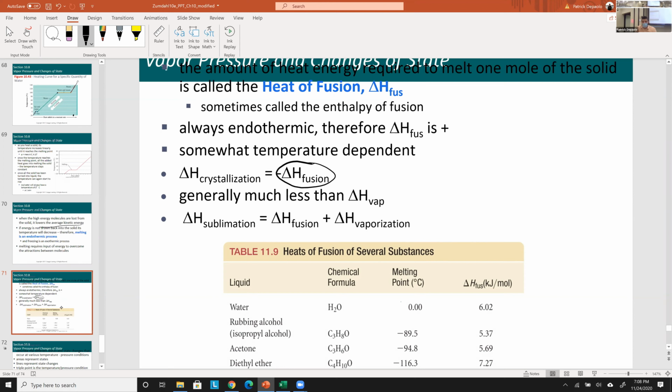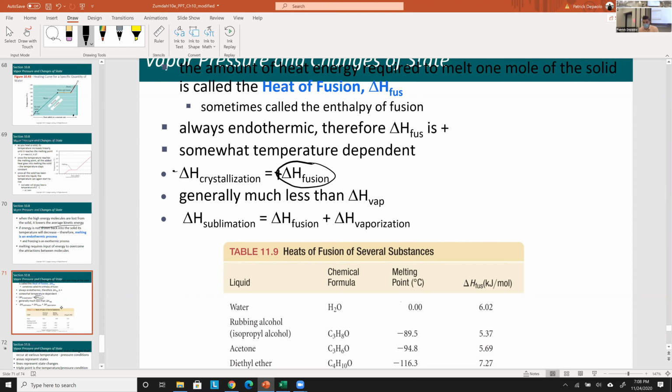But when you're freezing something, it's an exothermic reaction, which is the heat of crystallization. This would be negative, and this would be positive. Heat of fusion is usually endothermic, but the idea is that they're the same amount of energy, but the signs are opposite when you're going from solid to liquid or liquid to solid.